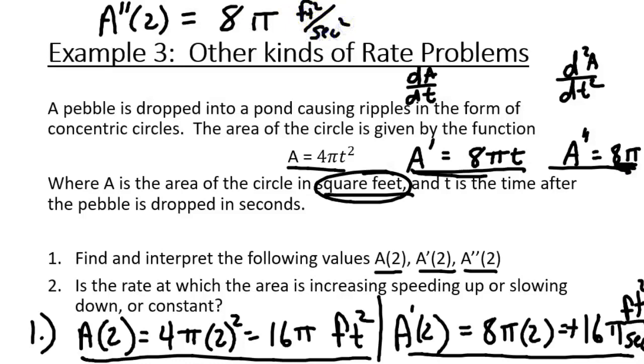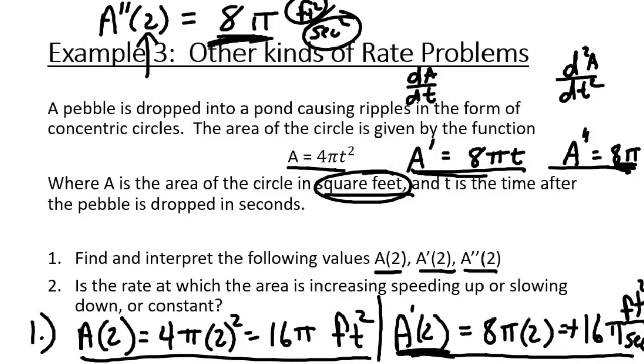Remember, velocity is going to be the output unit, which is square feet, over the time unit. So acceleration is square feet per second squared. And what that means is that at t equals 2, the rate at which the area is increasing is itself increasing by 8 pi square feet per second.